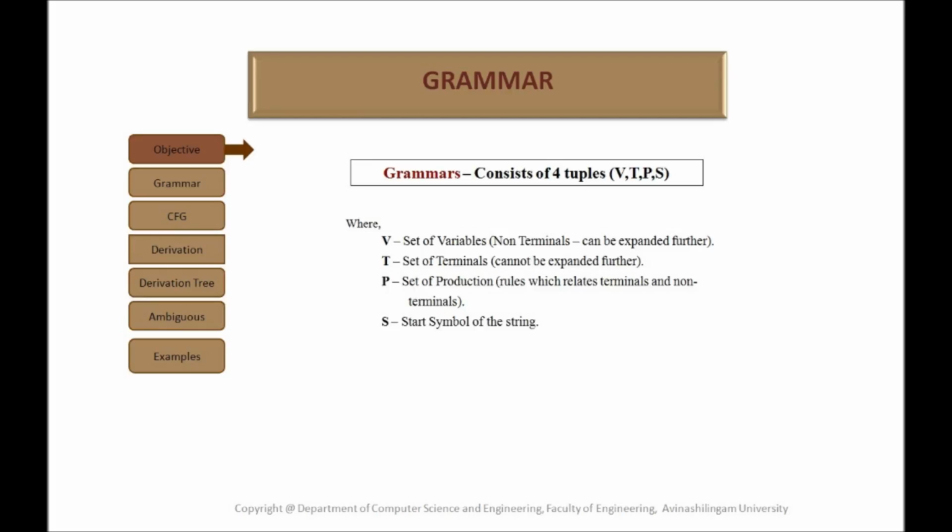Each production consists of a variable, production symbol, arrow, and a string of terminals and non-terminals. Left hand side of the production symbol is a variable and right hand side will be a combination of variables and strings. And S is the start symbol.